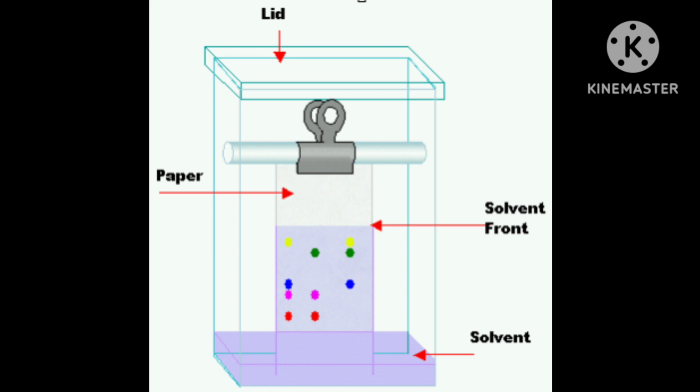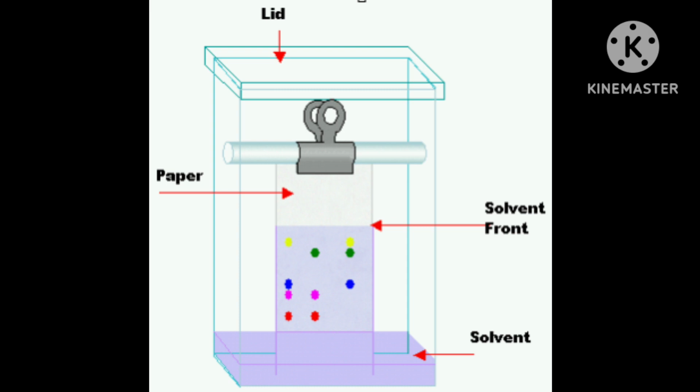Silica gel or alumina will be spread with very little thickness, and that will behave as the stationary phase.